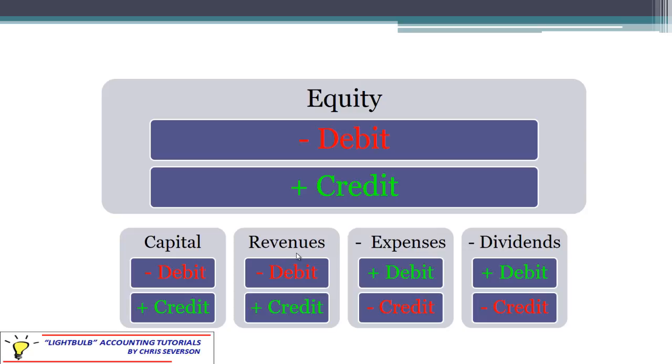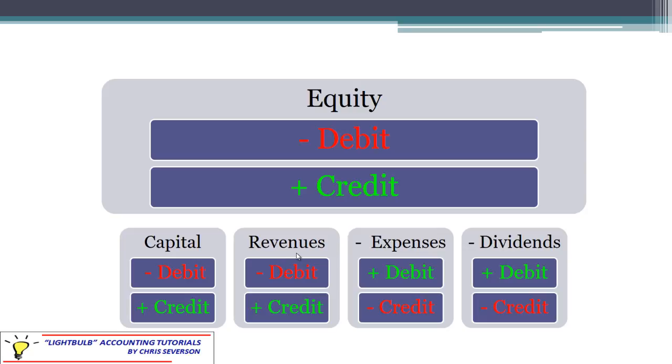Revenues flows up to net income, which flows up to retained earnings, which flows up to equity. So capital and revenues, they have a direct correlation and a positive correlation to equity. So they're going to have the same normal balance rule. They're both going to be increased by credits, and of course they're decreased by the debits. So the normal balance of capital or revenues is credit.